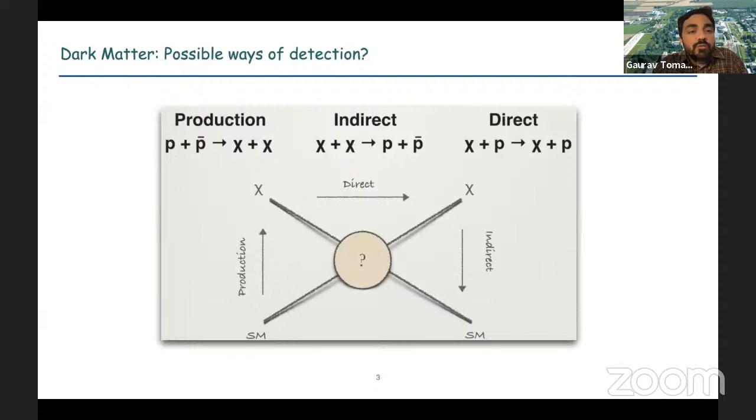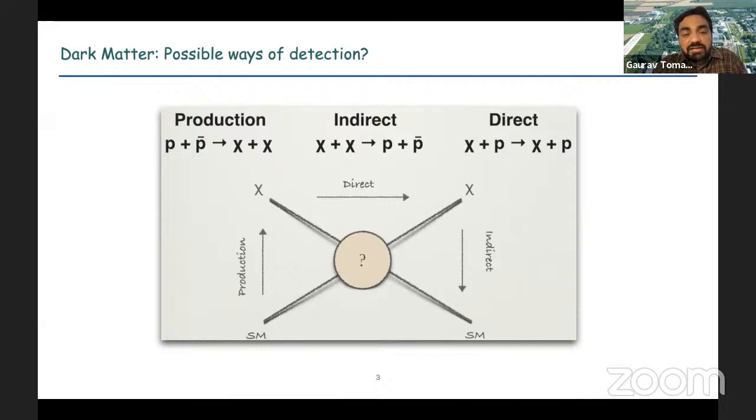Okay, so how can we detect dark matter? Well, the detection depends on what kind of interaction dark matter has with the standard model particles. It could be produced at the LHC or some other collider.